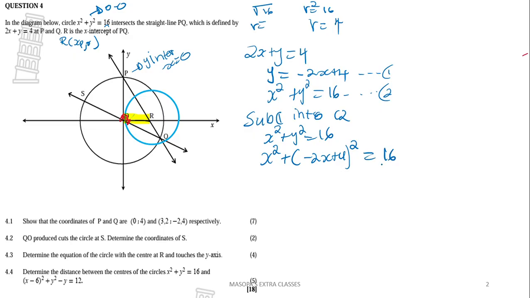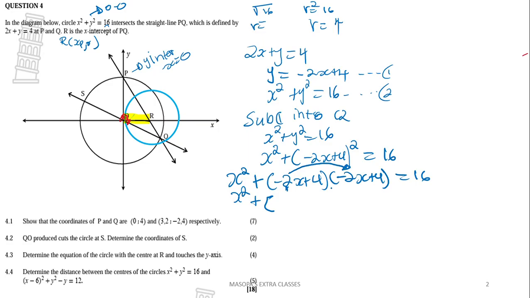Now let's break down this bracket. It means that you are going to have x squared plus (negative 2x plus 4)(negative 2x plus 4) equals 16. Then from there, let's simplify. Negative 2x multiplied by negative 2x gives positive 4x squared.